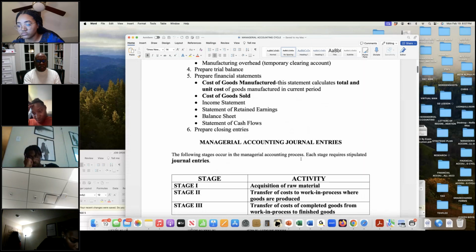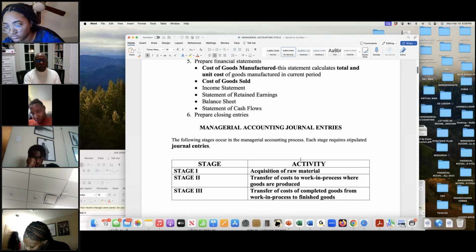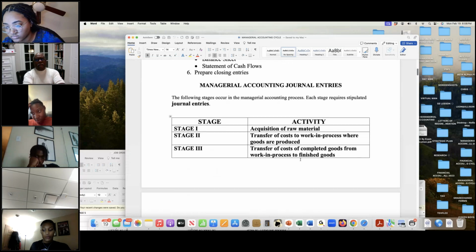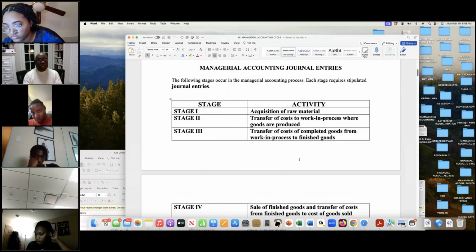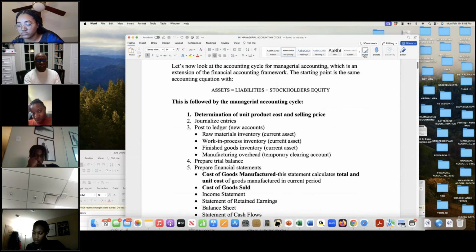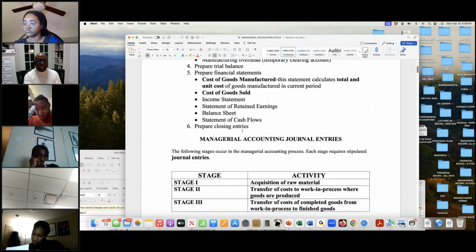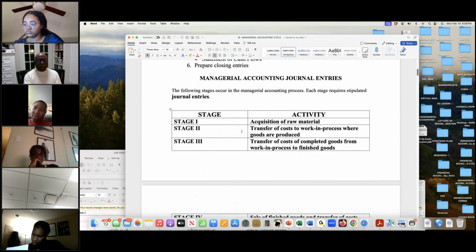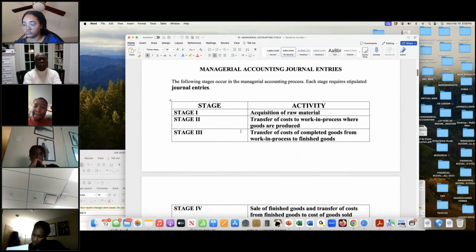We want to focus beginning today on the journal entries we make. So we're on step 2 in the cycle, journalizing entries. And to put some structure to the journal entries, I break them into stages. In stage 1, we acquire raw materials.